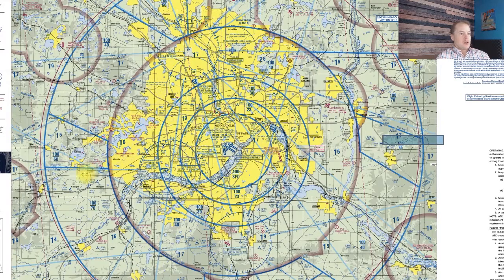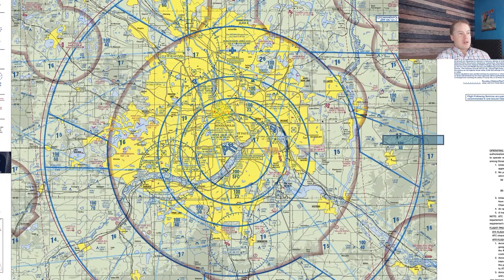All right, so here's a step, here's a step, here's a step, here's a step. Now, in addition to these rings, you are going to see numbers. These numbers indicate the altitude of the Class B airspace inside that ring.